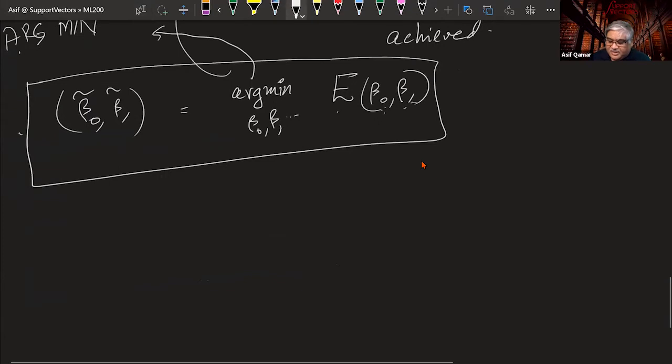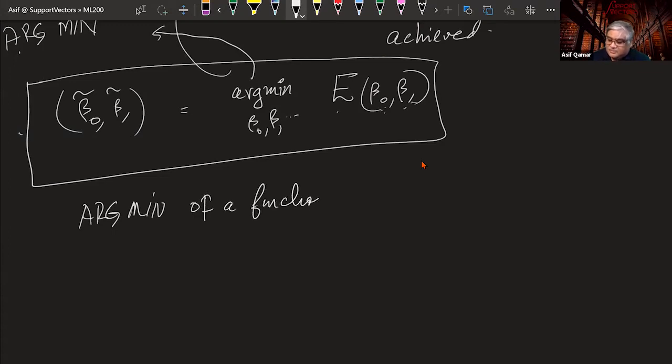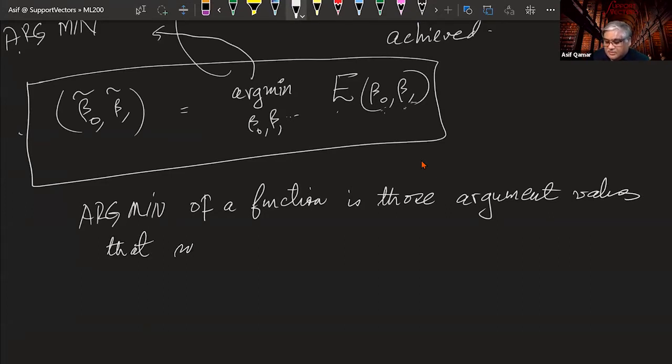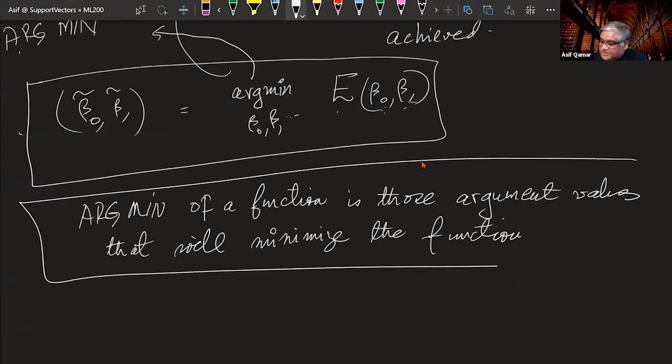The definition of argmin: argmin of a function is those argument values that will minimize the function. This is the definition of argmin, by definition.